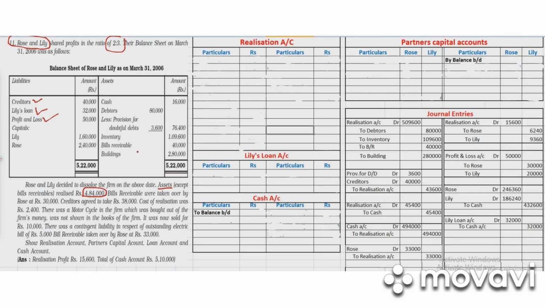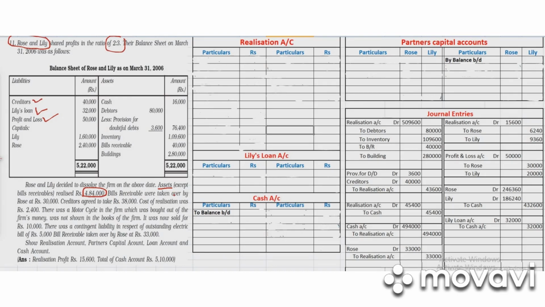That means whatever assets are given here, except of course cash, and it is also given without bills receivable, excluding bills receivable, they are realizing the assets and the amount is given. We will deal with this particular information a little while from now.